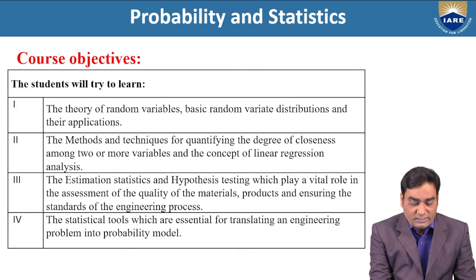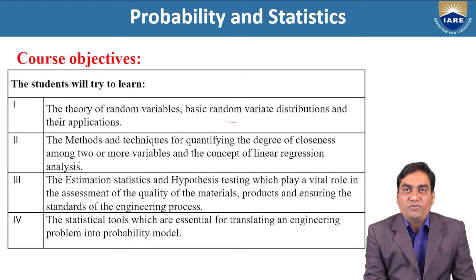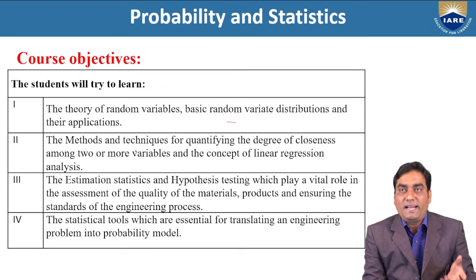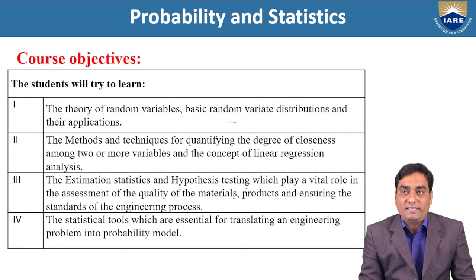The first course objective is that the student will try to learn the theory of random variables and basic random variable distributions and their applications. The student will try to learn the methods and techniques for quantifying the degree of closeness among 2 or more variables and the concept of linear regression analysis. And the student will try to learn estimation statistics and hypothesis testing, which play a vital role in the assessment of the quality of materials.